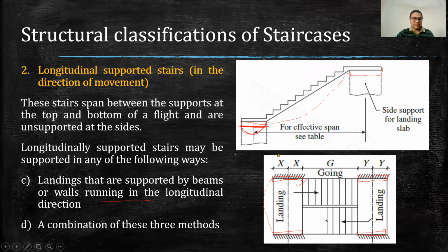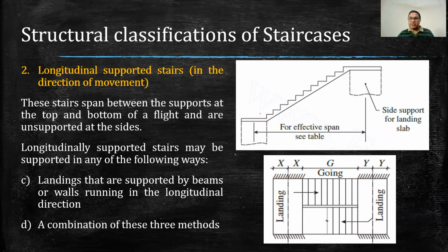So that is the case. Similarly, a case D can be a combination of the three cases we have discussed earlier. So depending on the type of support where we are providing, bending will occur. Similarly, if we provide support at this point and at this point, then bending will be like this.